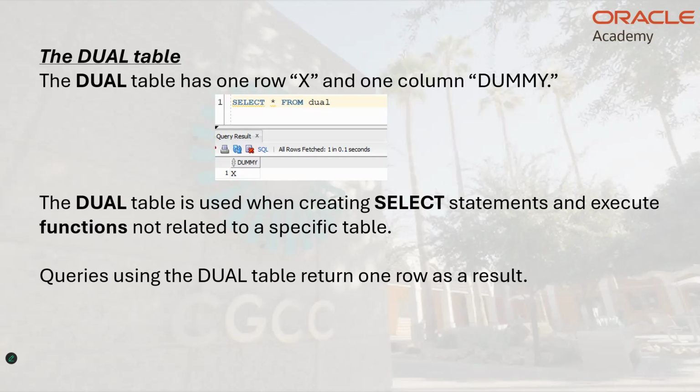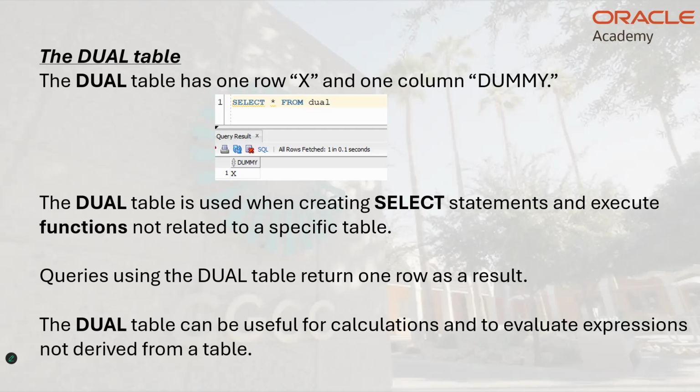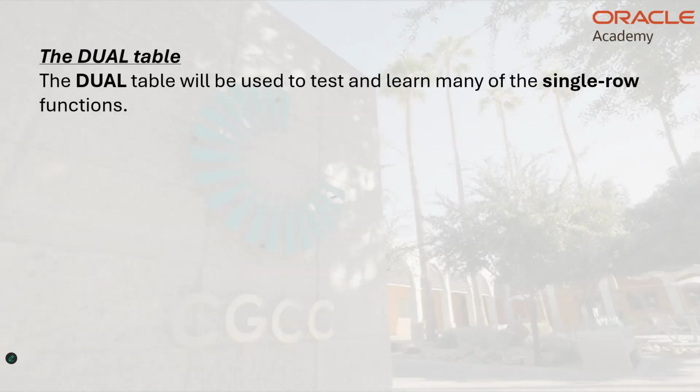Queries using the dual table return one row because it only has one row. The dual table can be useful for calculations, and that's the key, and to evaluate expressions not associated with a table. That's primarily why you would use it. We're going to use the dual table a lot to test and learn many of the single row functions.